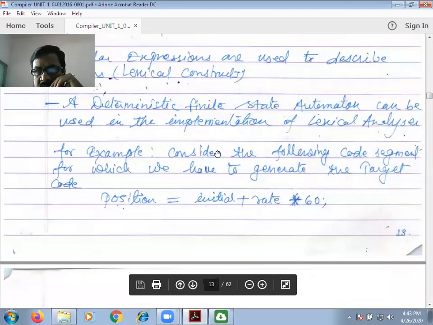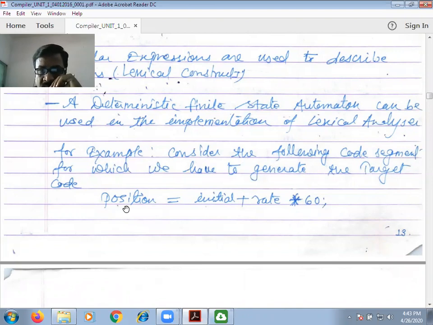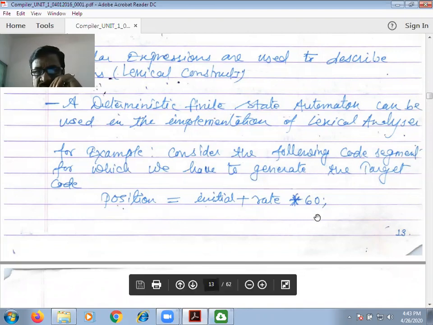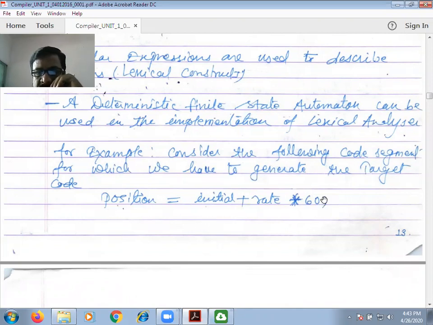This I can explain again with one more example. For this, we can consider a source code like position equal initial plus rate into 60 and semicolon. This complete sentence is considered a lexeme for the lexical analyzer.